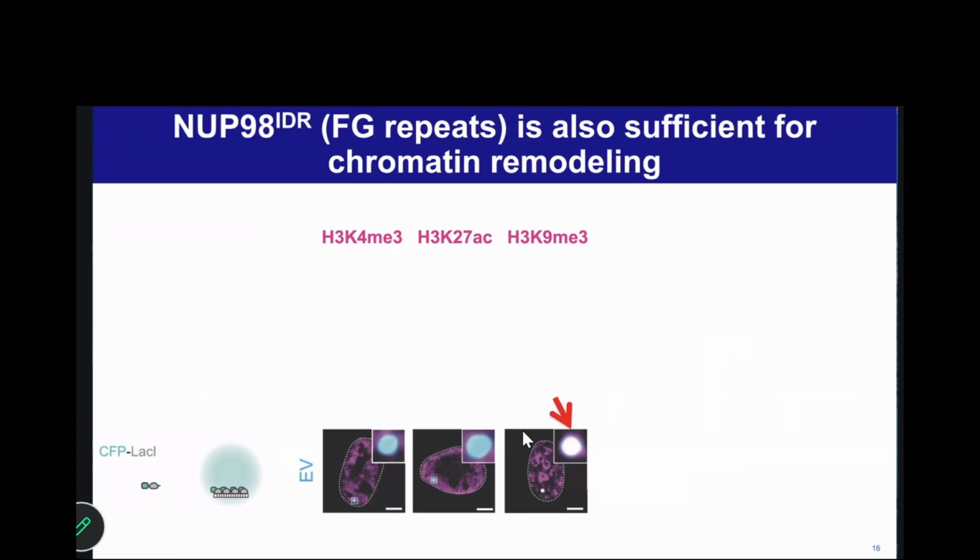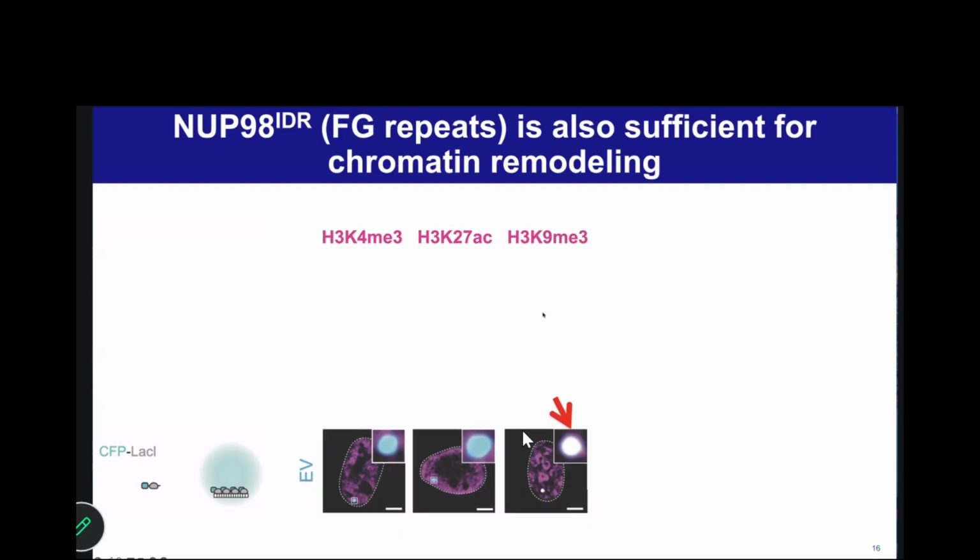And the nice part of this system is we know exactly where this locus of LacO repeat is located. The locus is actually located in one of the subtelomere regions, known to be very much heterochromatin.